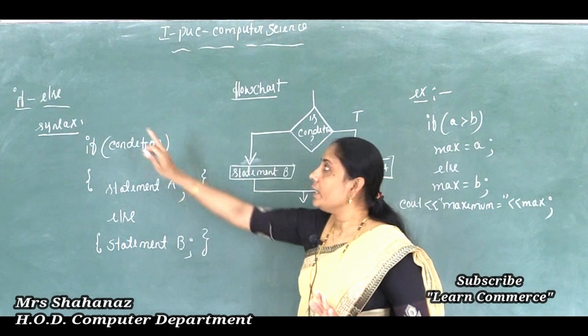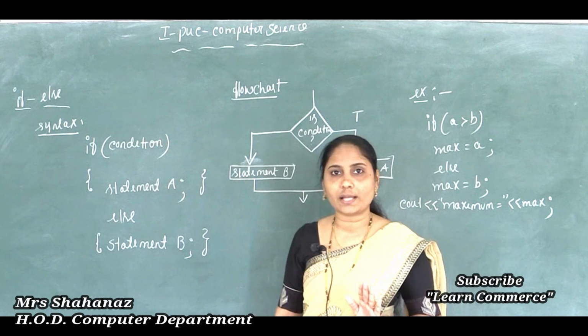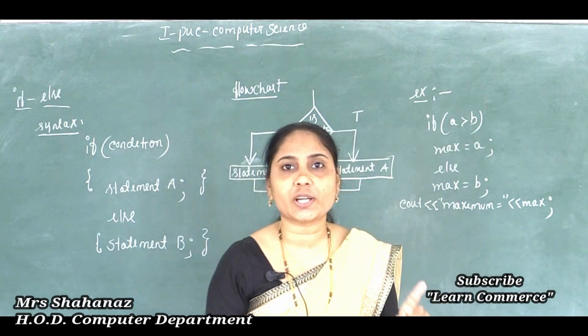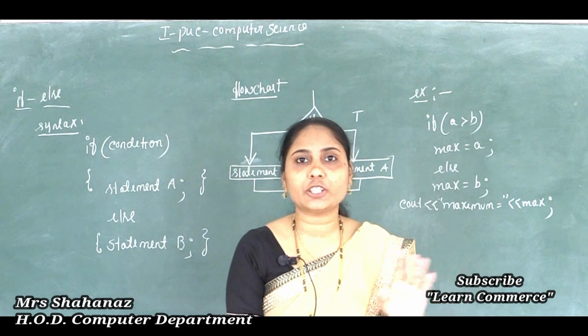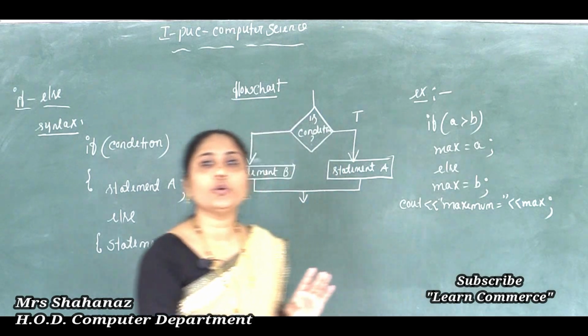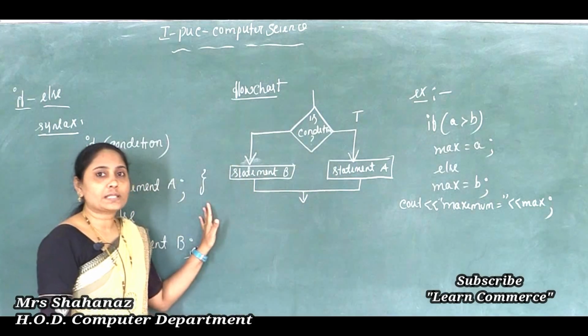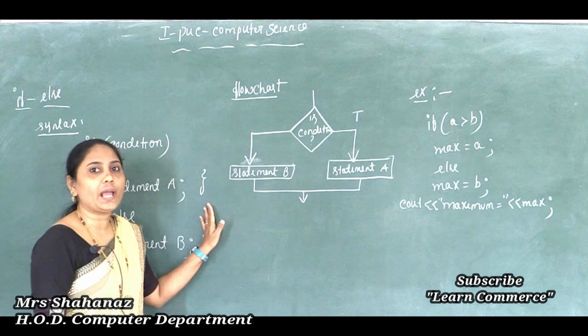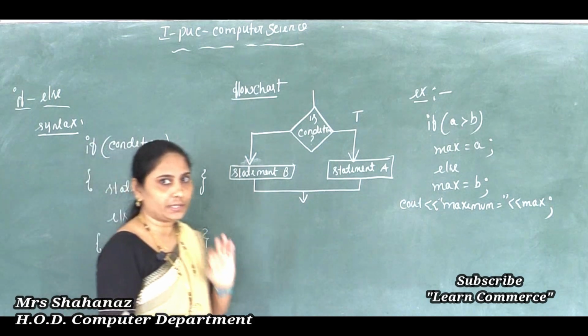Now the if else is also called the two-way branch decision structure, and this structure helps the programmer to decide whether one set of statements should be executed or another. Clear this point here?